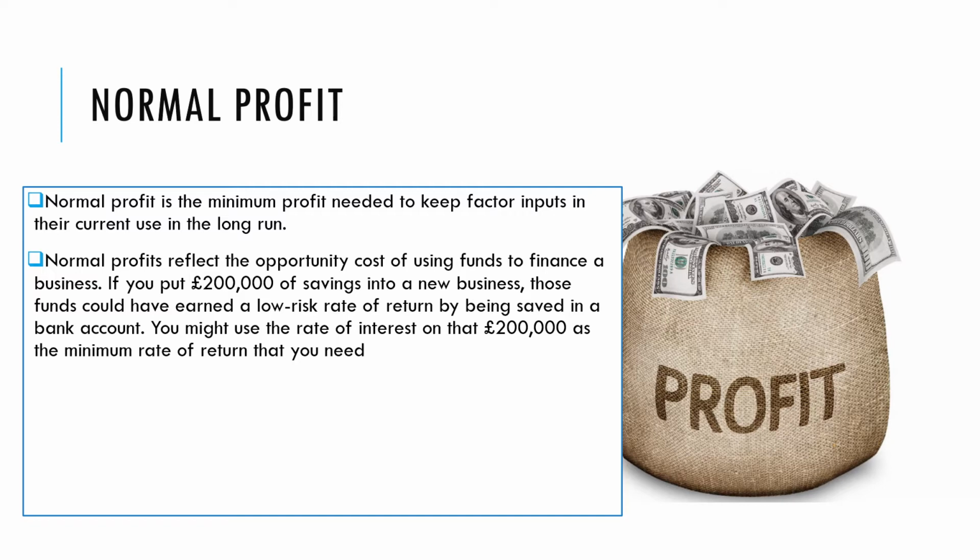So for example, if I have £200,000 in a business, I could have put that money into a low risk bank account and earned a rate of interest. So I need to make sure that my money invested in this business is generating me a level of profit that's at least equivalent to that low risk rate of return. Otherwise, I would move my money from the business into that account.